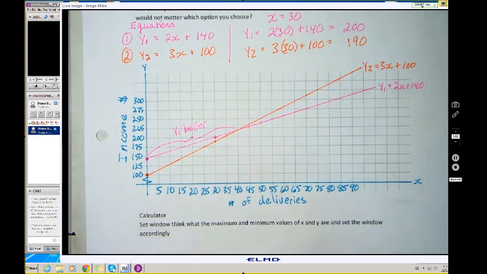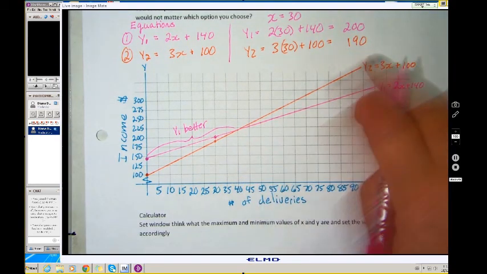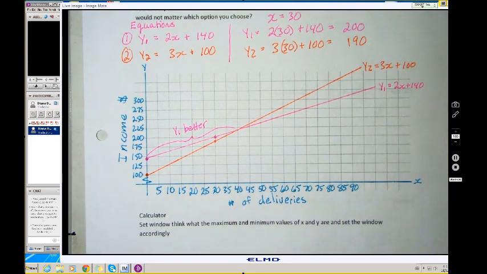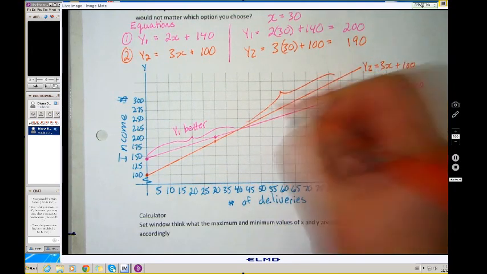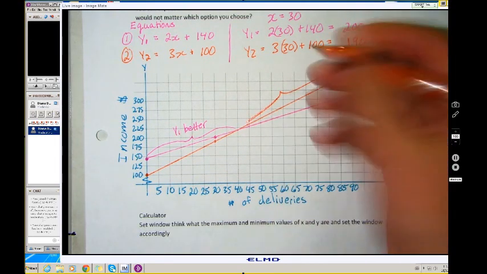But when you get past 40, which option's better? 2. Because now 2 is greater than. Yeah. So this is when, I'm not very good at making those brackets, am I?